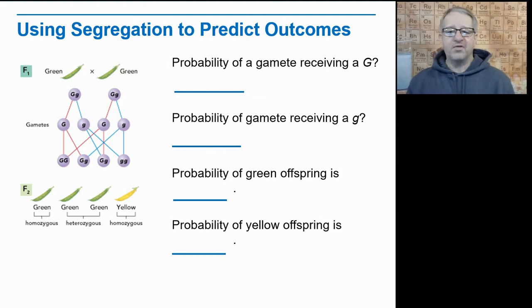Now, both the F1 plants in this particular scenario have the same set of alleles, and they are tall.